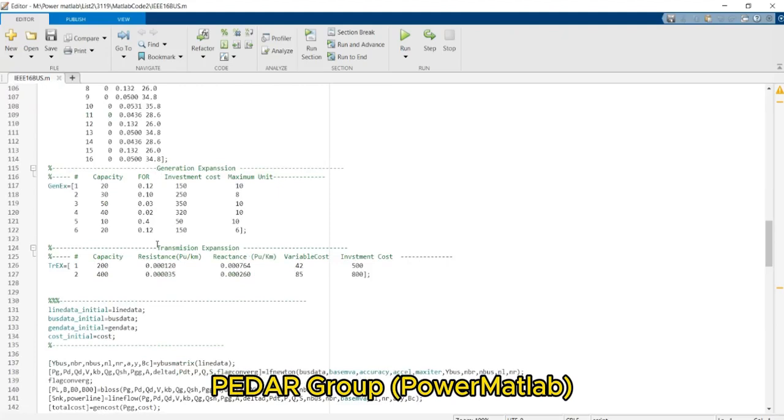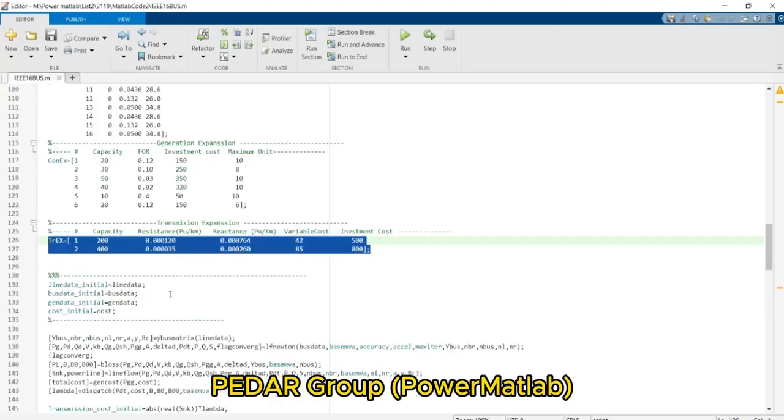For example, in this simulation, we have six types of generation expansion planning for different types of capacity, FOR as a failure rate, and investment cost, and maximum expansion planning for each type of generation expansion planning. Also, we have two types of transmission expansion here in this matrix.